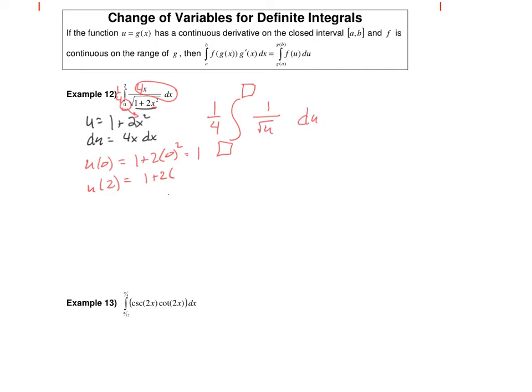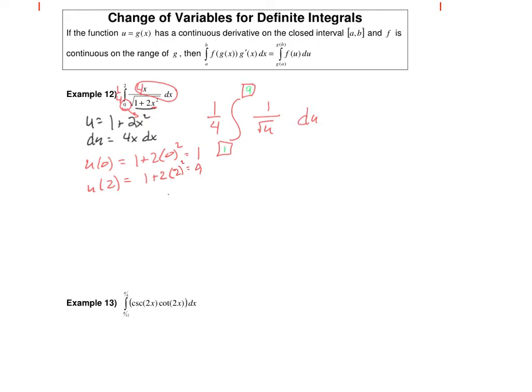If we were going to go from 0 to 2 feet, and now we're going to transfer that to inches, I'm going to want that to go from 0 to 24 to represent that same space. All right, so now my new limits of integration are going to be 1 and 9.